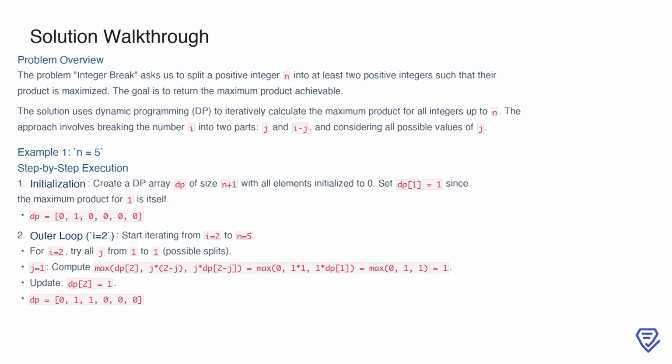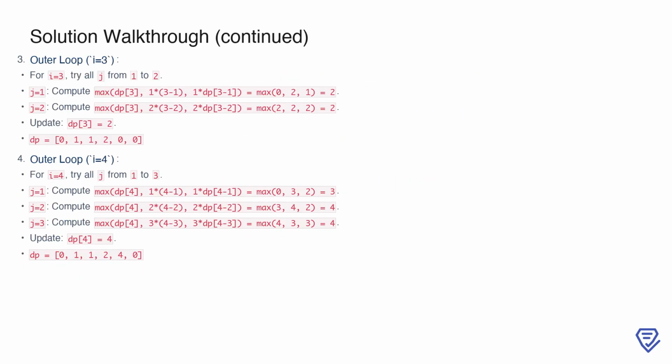Then, we begin iterating from i equals 2 all the way to n. For i equals 2, there is only one valid split, j equals 1. We calculate the maximum product using the formula max(dp[i], j * (i-j), j * dp[i-j]). For this split, the maximum product is 1, so we update dp[2] to 1, and the array becomes 0, 1, 1, 0, 0, 0. Next, we move to i equals 3.